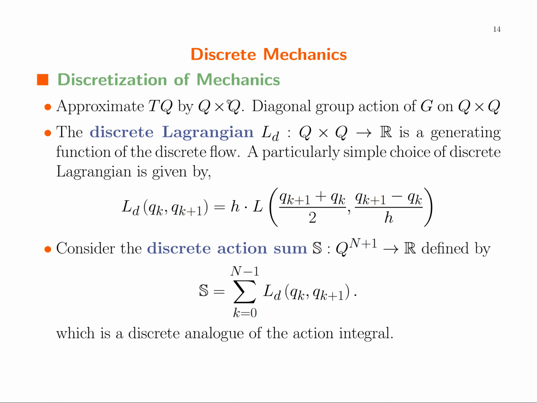And then what you want to do is to look at the diagonal group action of some Lie group on this pair of configuration manifolds. This is going to be related to the thing we saw earlier, where I said that symmetries are related in some way, shape, and form to conservation laws. So we'll see this show up in practice.